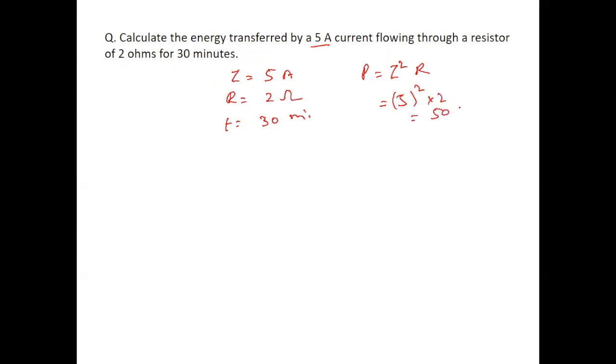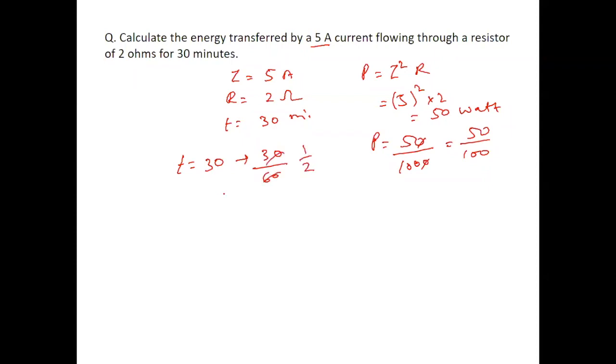So 50 watt. Convert 50 watt into kilowatt, 50 by 1000. And time 30 minutes, convert into hours, 30 by 60, 1 by 2. Right?